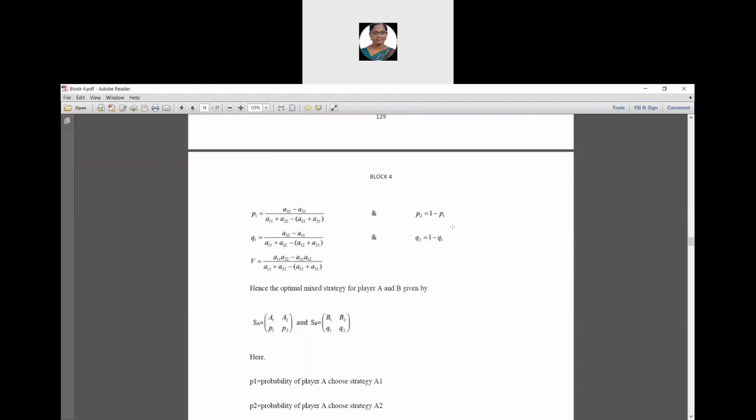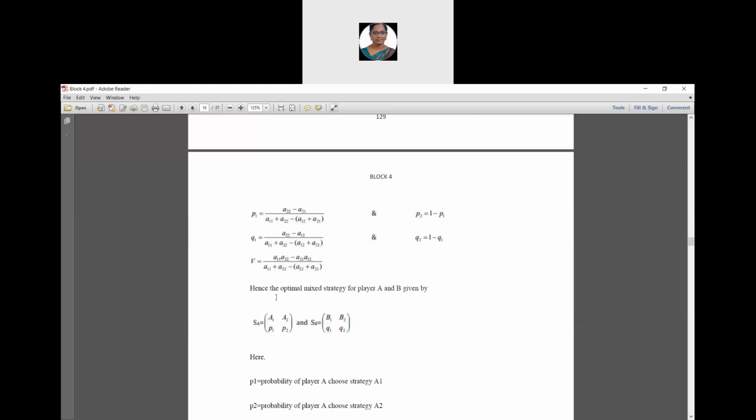And Q1 has the formula (a22 minus a12) divided by (a11 plus a22 minus (a12 plus a21)), and Q2 is equal to 1 minus Q1. The value of the game is represented by V. So V is equal to (a11 a22 minus a21 a12) divided by (a11 plus a22 minus (a12 plus a21)).